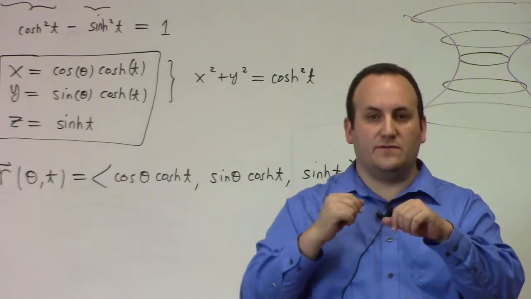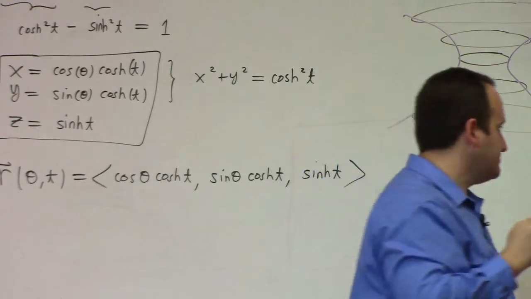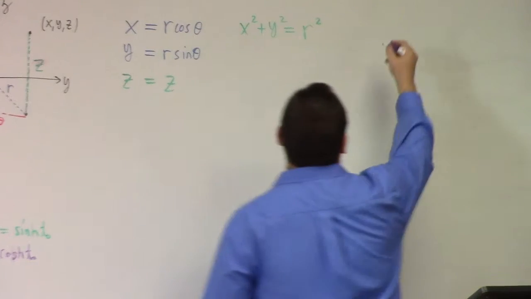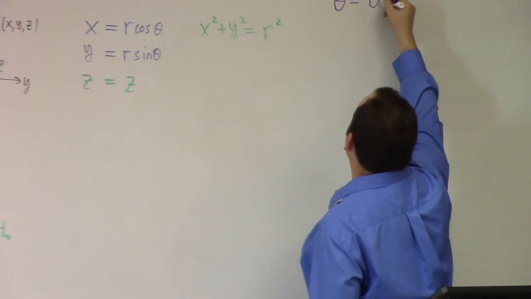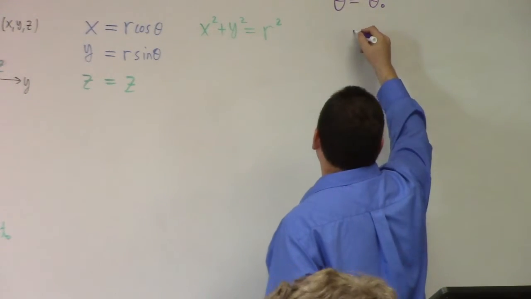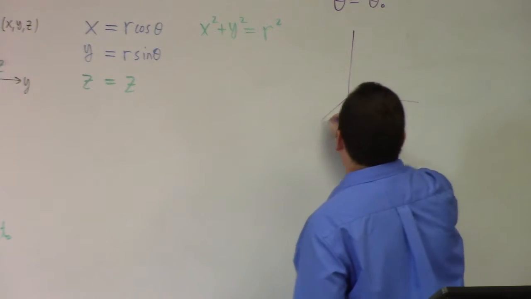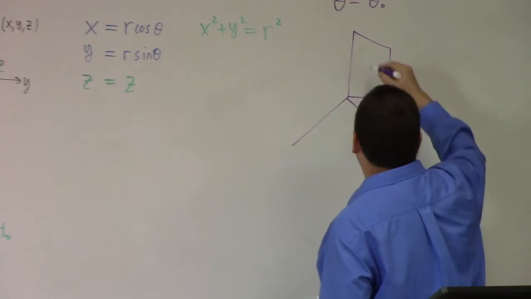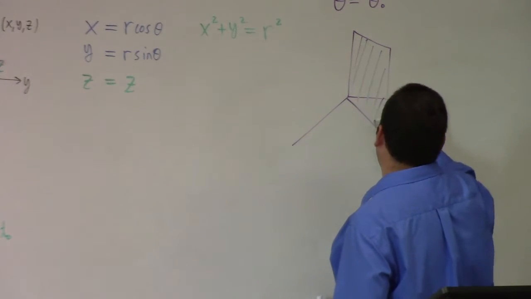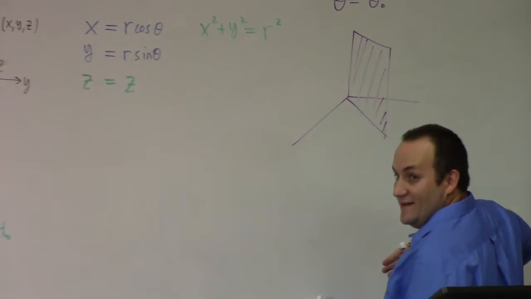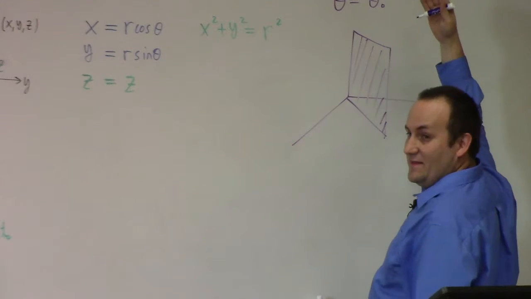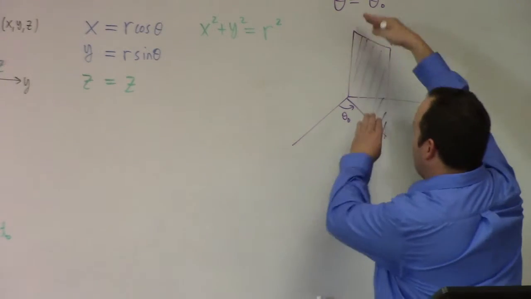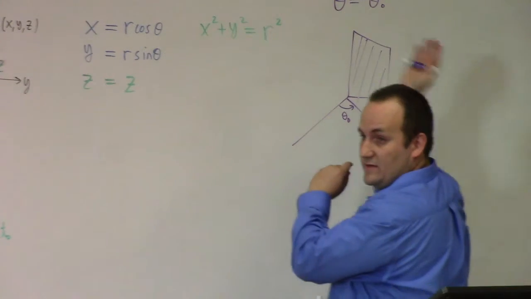What is theta equal to a constant, though? It's actually a half plane. I'll just draw it up here, but it goes down and it goes up. It's an infinite thing, and it goes on and on. But it's a half plane because it doesn't go to the other side.